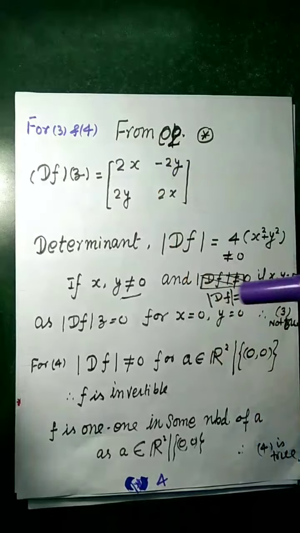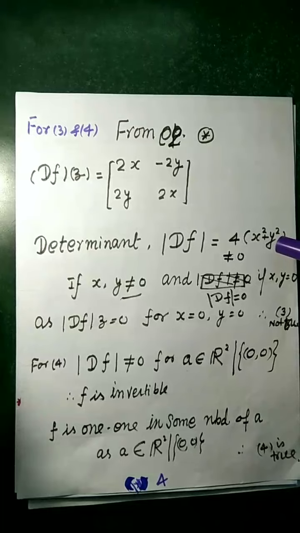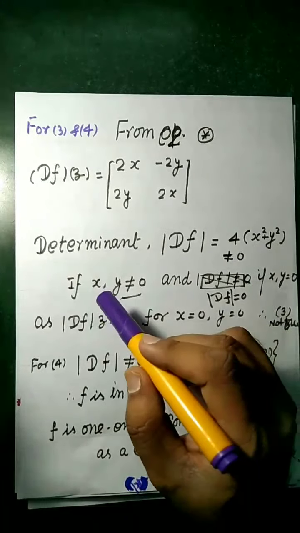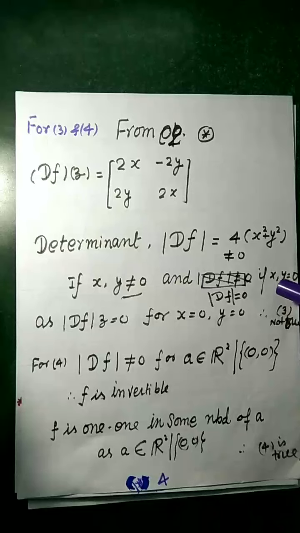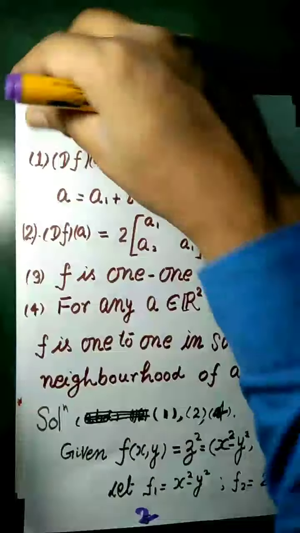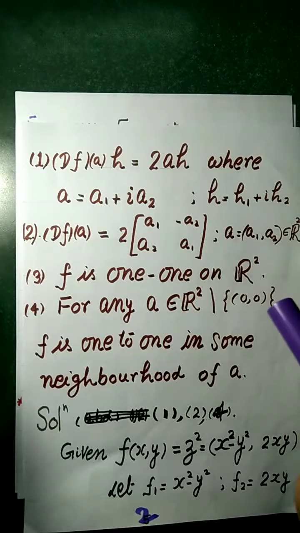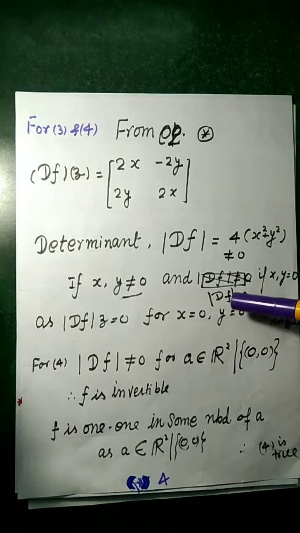So the determinant is 4 times (x squared plus y squared), which will not be 0 if (x, y) is not 0, and this determinant will be 0 if x and y both are 0. Therefore, option 3, f is 1-1 on R2, is not correct, because the determinant is 0 at this point.